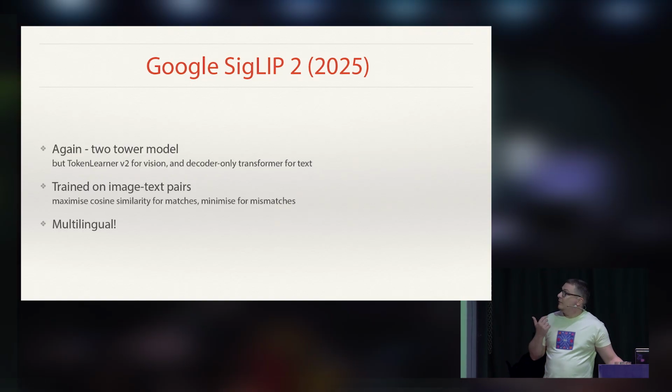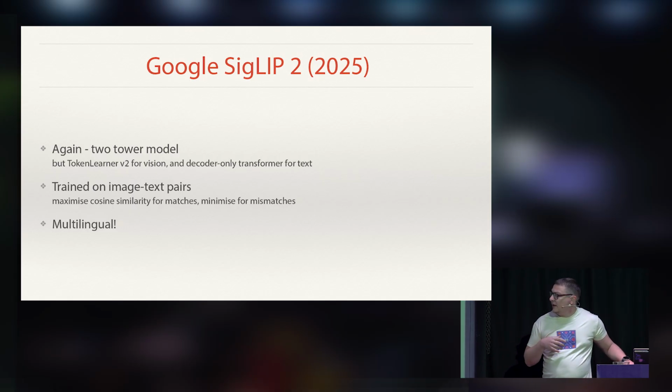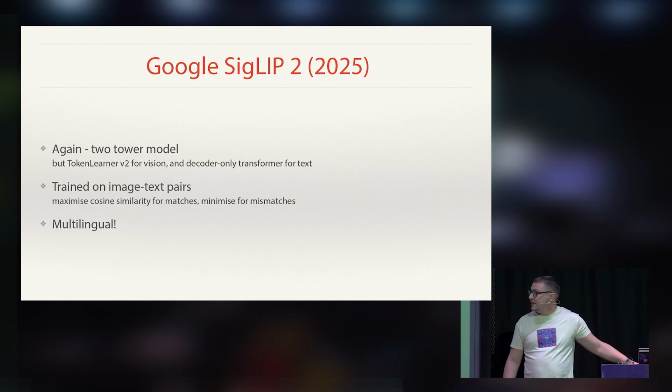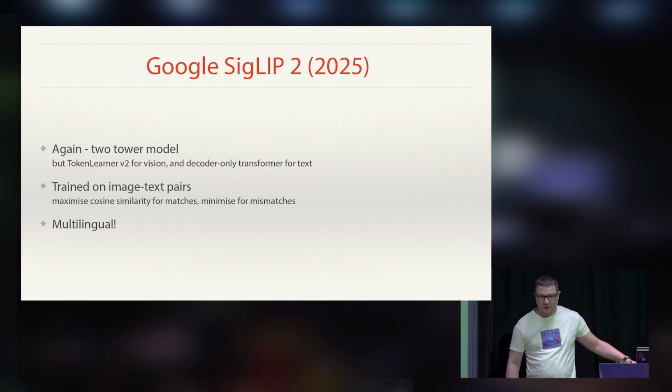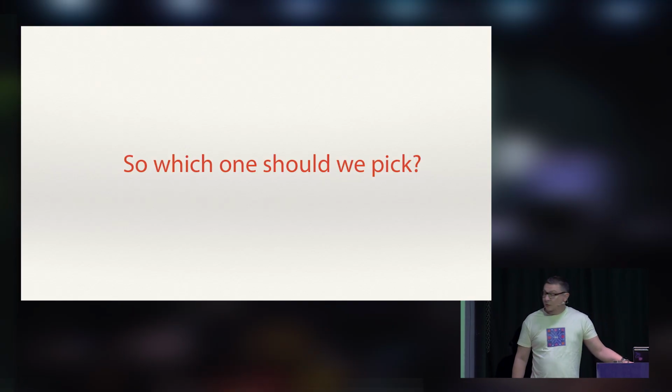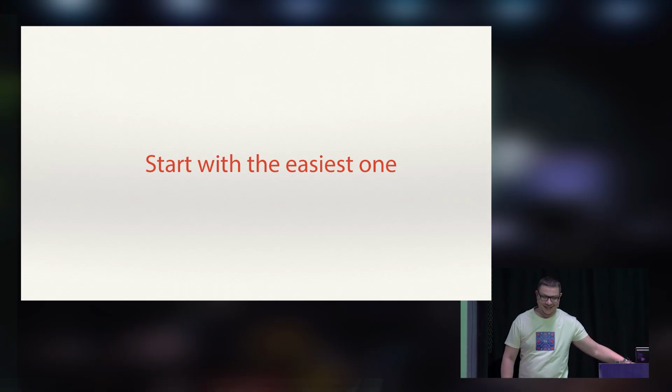There is an even newer one, released this year, SigLIP 2 by Google. It is multilingual, so that's nice. It uses a slightly different version for vision and a slightly different version for text encoders and, well, tokenization. So which one should we pick? The easiest one, of course.